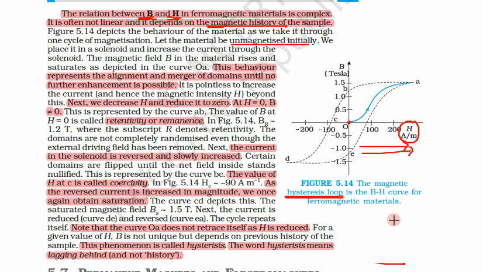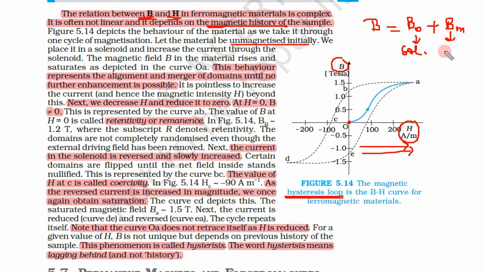So we are increasing the field and seeing the effect on the magnetism of the material. We are observing the total magnetization. What is this total magnetization? Total magnetization is B naught plus Bm. The B naught part is because of the solenoid, which was initially there.